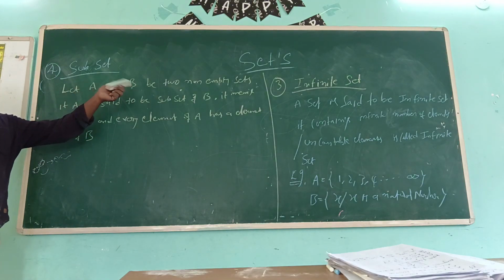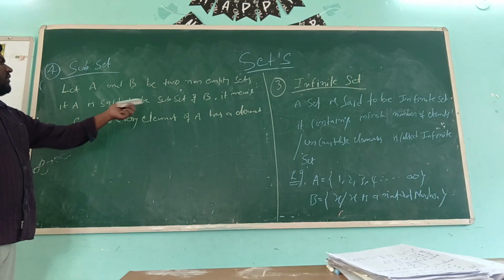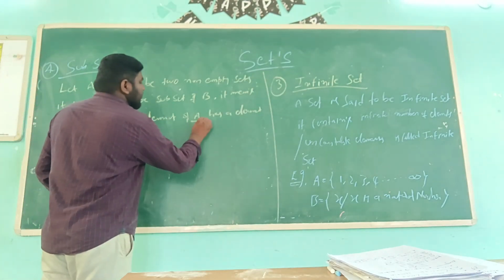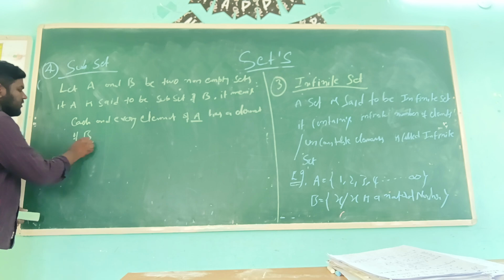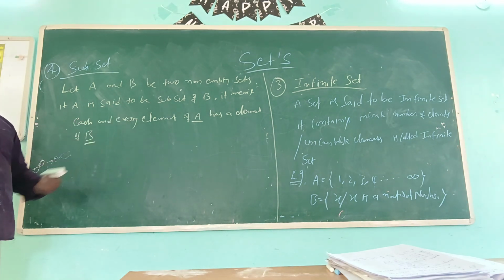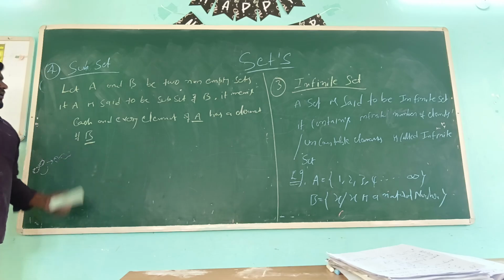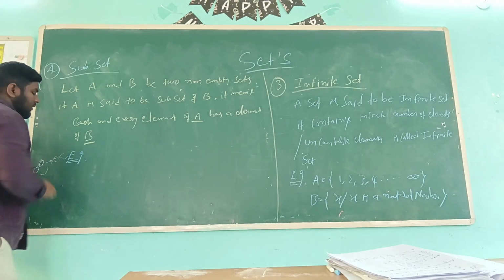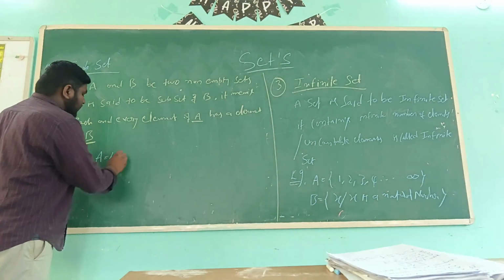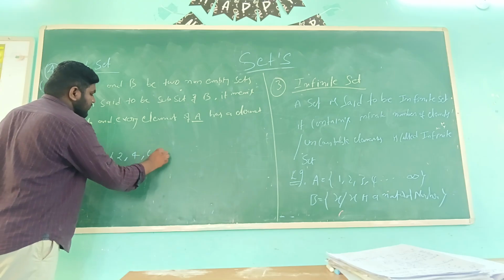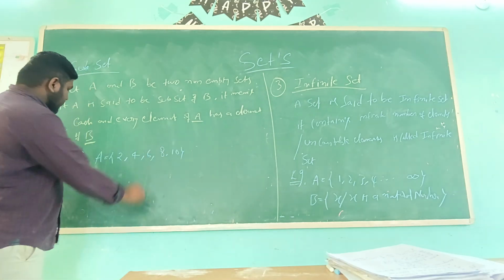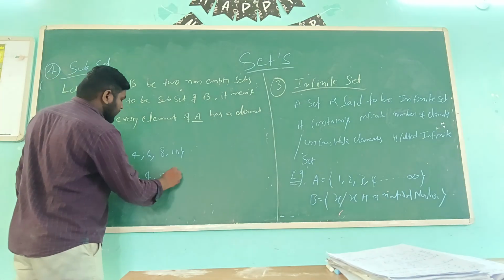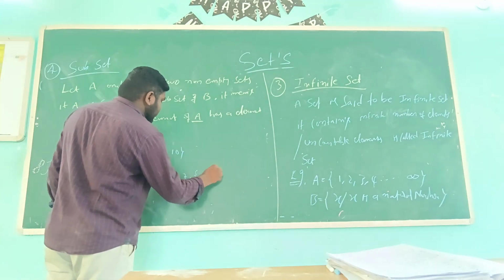If A and B are two non-empty sets, A is said to be a subset of B means each and every element of A is an element of B. For example, I am taking A equal to the even numbers 2, 4, 6, 8, 10, and B equal to 1, 2, 3, 4, 5, 6, 7, 8, 9, 10.